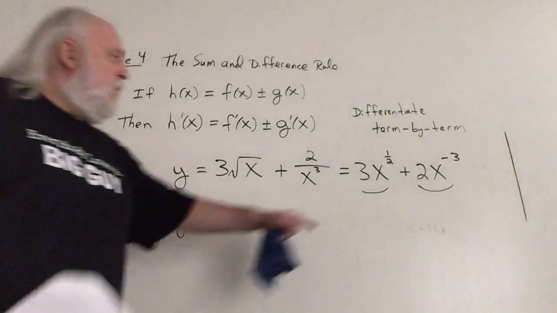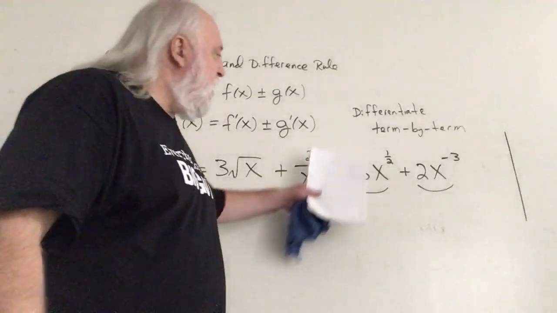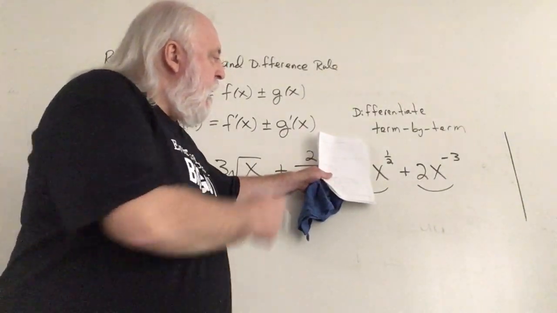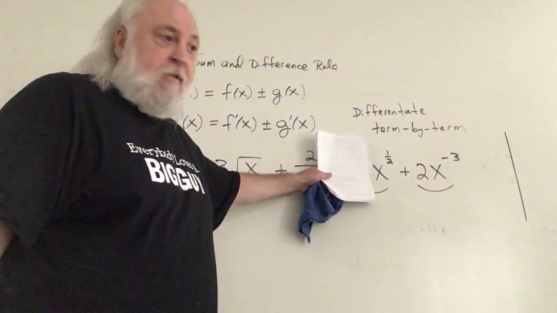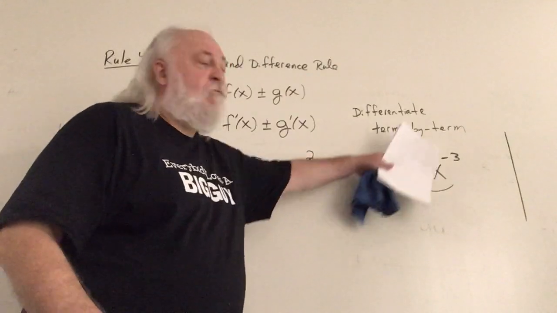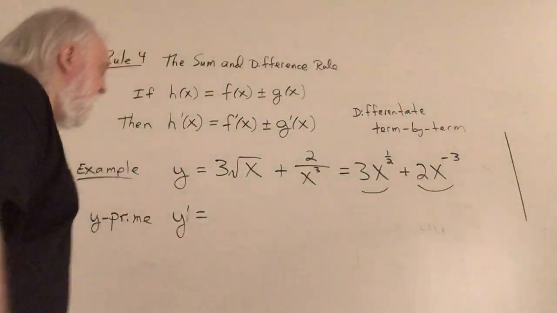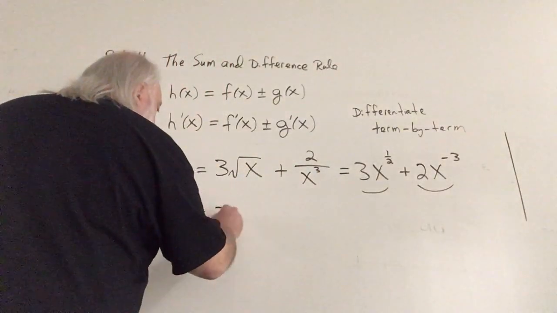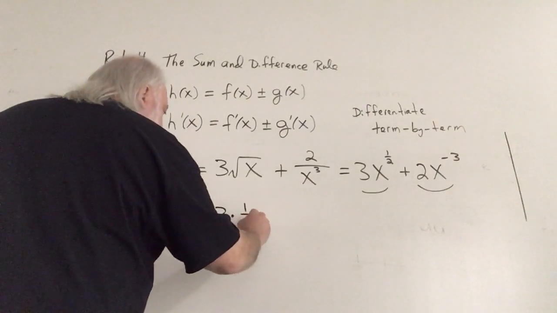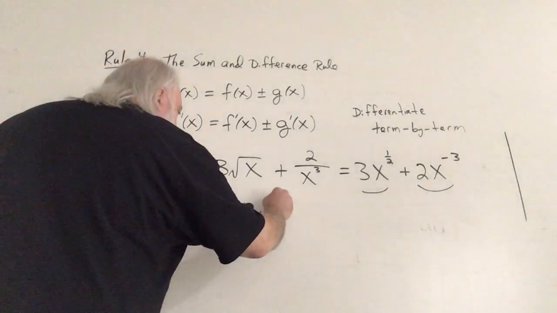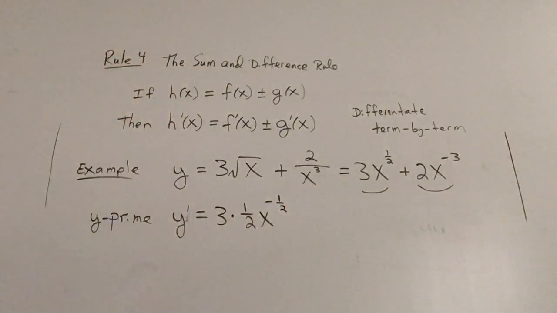So in the first, we carry the 3 along, and we differentiate x to the 1/2 using the power rule. Bring the 1/2 down front, subtract 1 from the exponent. When we do that, we have 3 times 1/2 times x to the minus 1/2.